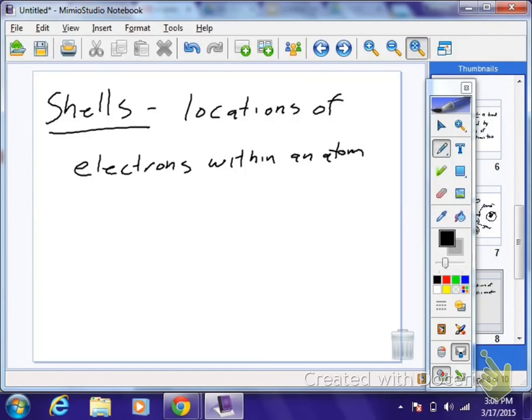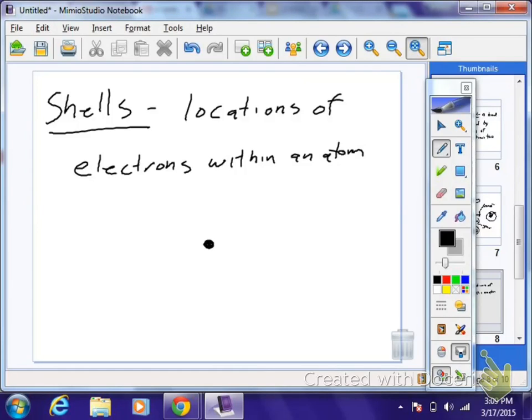When we see these shells, it looks like an orbit, like the moon orbiting the Earth, for example. Okay, but it's not that simple. But we're going to try to keep it as simple as possible for now, so you can visualize where these electrons are located. So we've got this nucleus that's in the center.